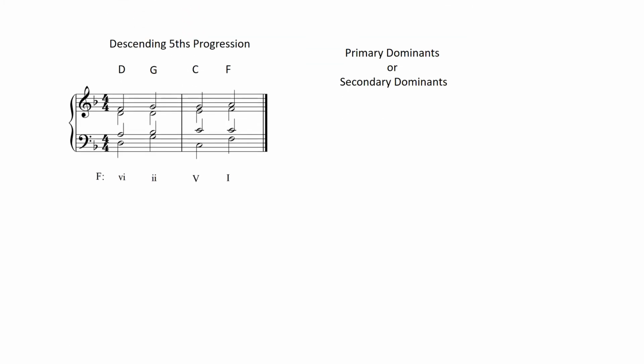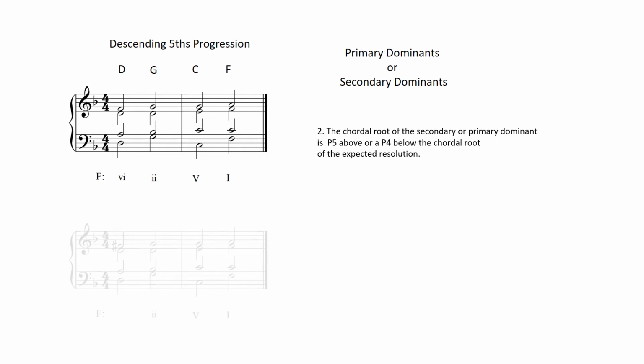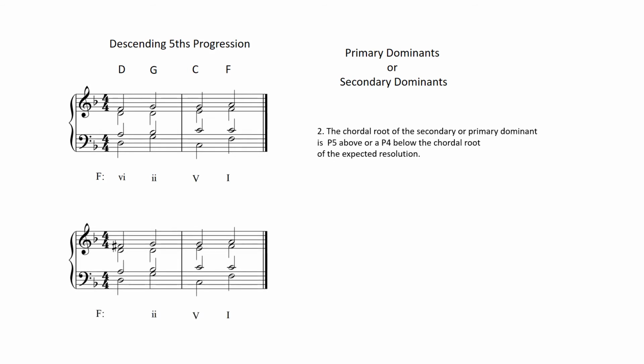Let us return to our original diatonic descending fifths progression. While we altered the G minor triad in the previous example, we can also modify the D minor triad to transform it into a secondary dominant as well. As mentioned before, it already satisfies criteria 2. Its chordal root D lies a perfect fifth above or a perfect fourth below the chordal root of the next chord, G. If we raise the chordal third a half step from F to F sharp, the chord now satisfies the first criteria as well.